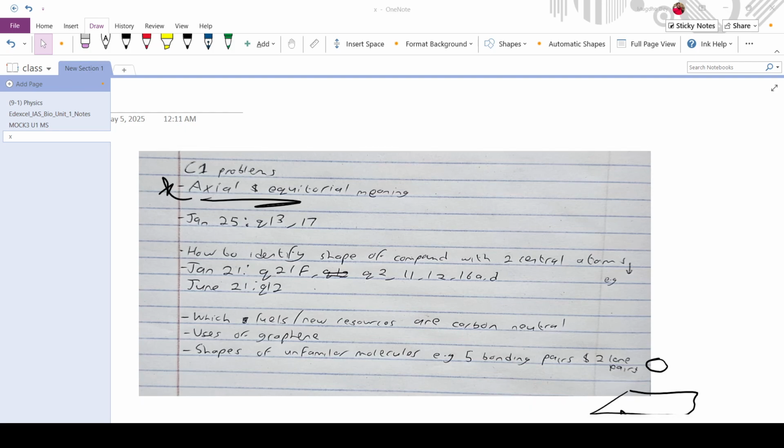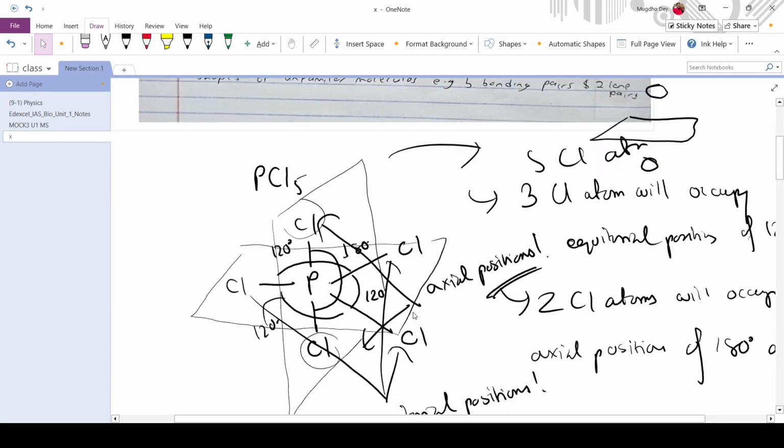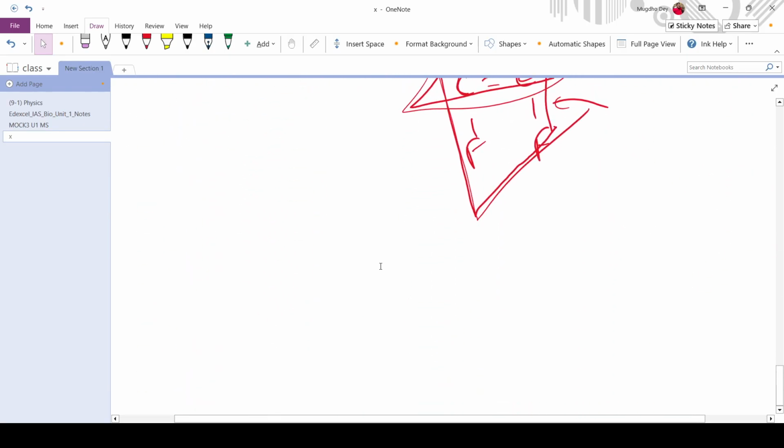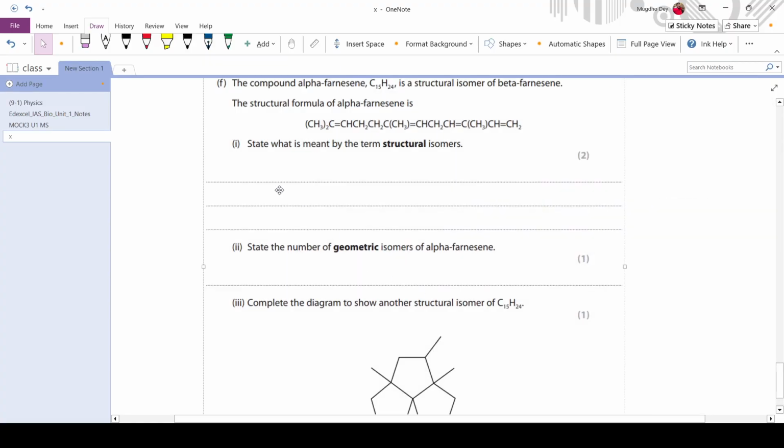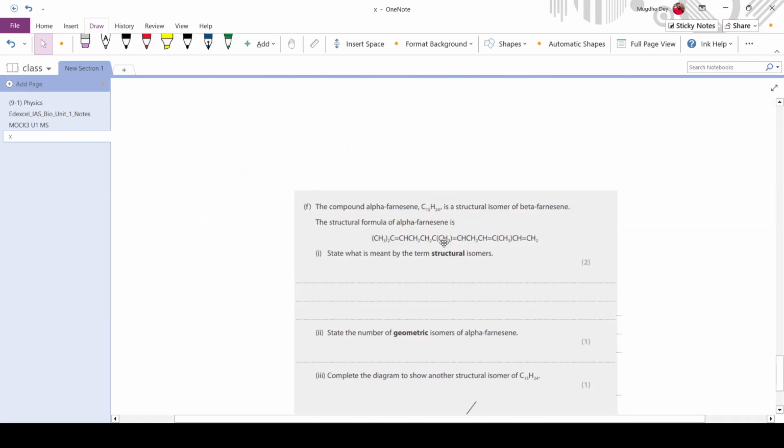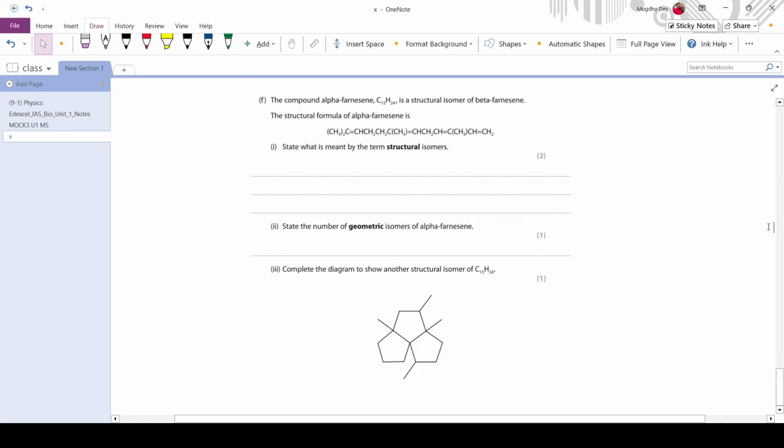Question number 21F, the whole one. I believe this one, right? These were easy, I believe. What is the issue here? This one and this one. Okay.